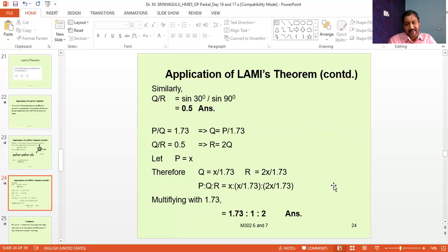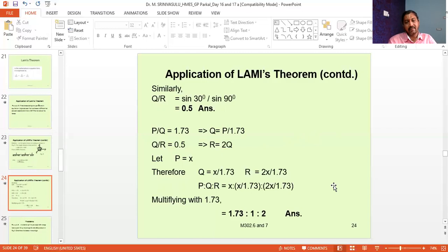So from the first equation, P by Q is equal to 1.73, so Q is equal to P by 1.73, and from the second equation, Q by R is equal to 0.5, or R is equal to 2 into Q. So we have converted the forces P and R into Q values.